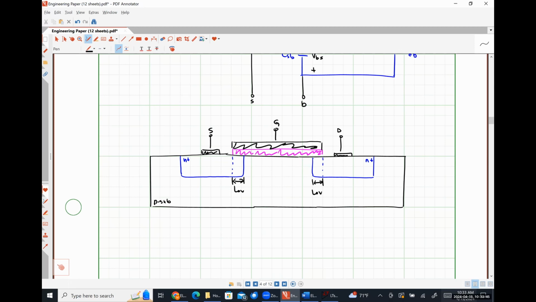Typically small, but it is always going to be there, and it is required to be there because if not, we wouldn't be able to pull electrons around like we need to form our channel. Okay? Since we're looking at a device in saturation, I'm going to explicitly define my channel, and it's going to be pinched off like so.